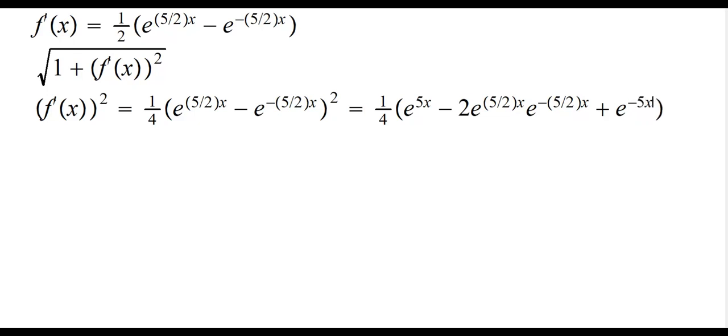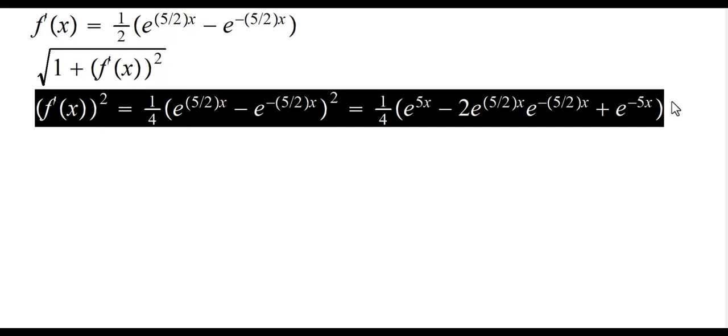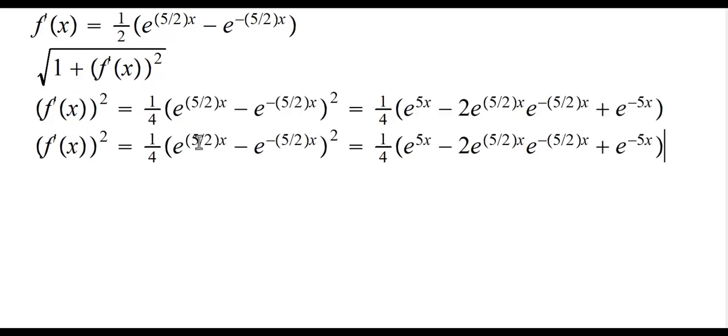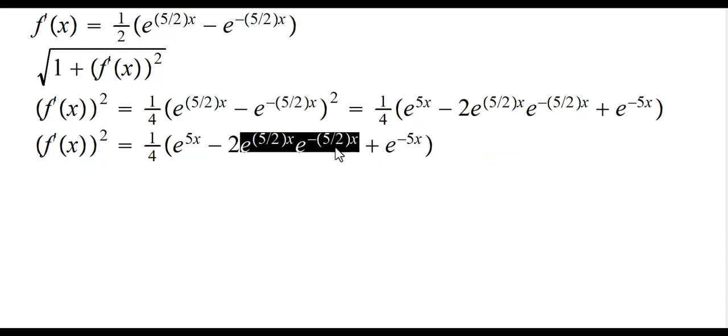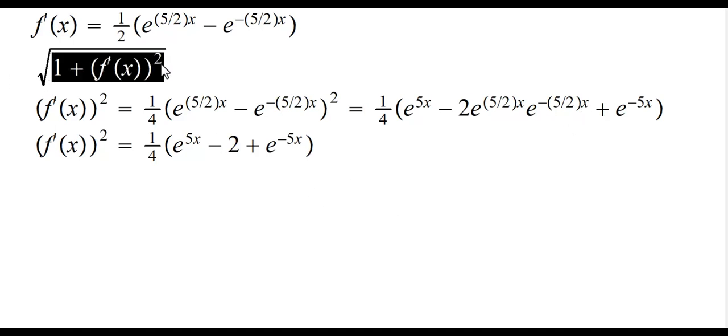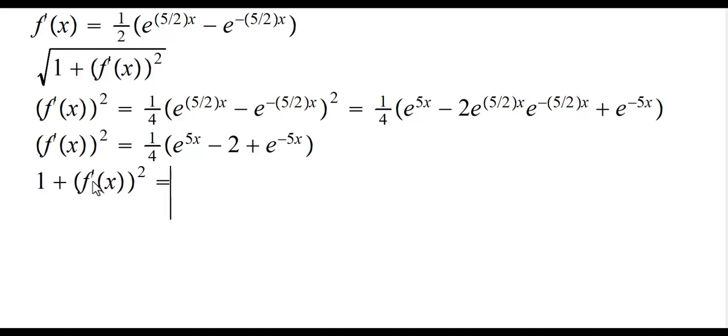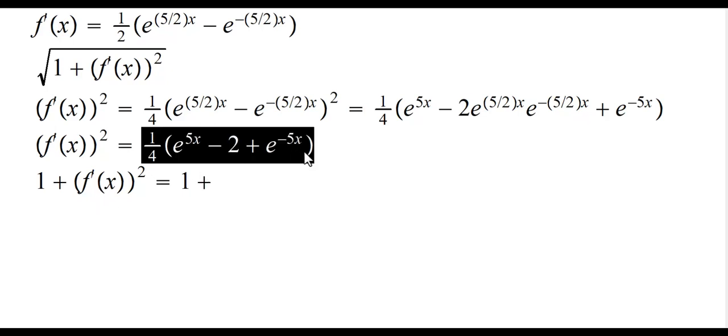All right, so our quantity f prime x squared has become this. Now if you look right here, these two just cancel each other. When you multiply them, here I have power 5 over 2 x, here I have its negative, so when they add, they cancel. Now we calculate this portion here, and that gives us 1 plus 1/4 of this.